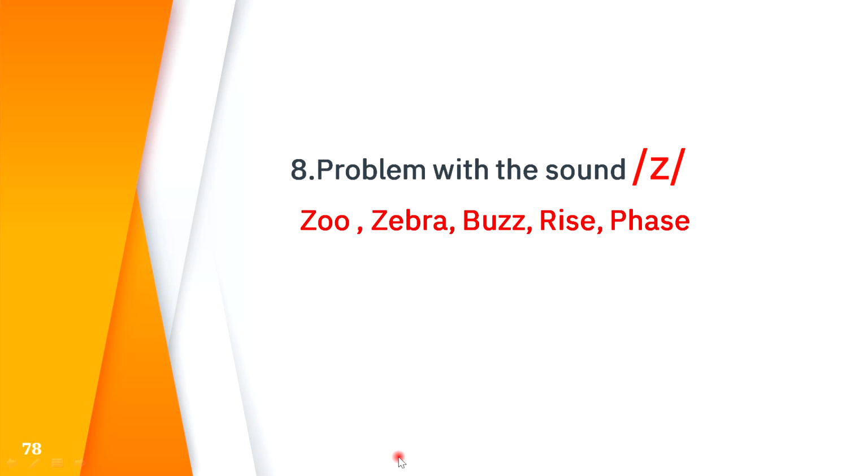Malayali speakers of English, due to the absence of a corresponding Malayalam sound for the sound z, tend to replace it with s. For example, zoo is pronounced as su, zebra is pronounced with s, buzz is pronounced as bus, rise is pronounced as rice, phase is pronounced as face.